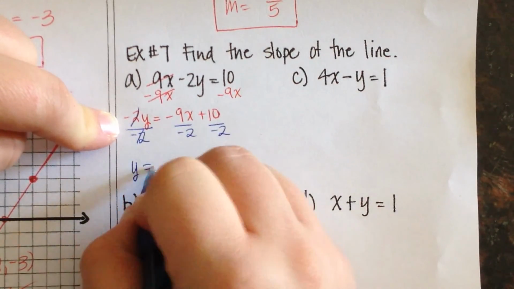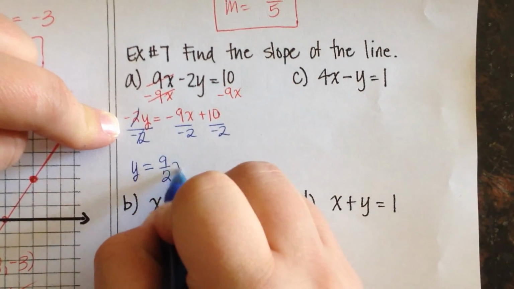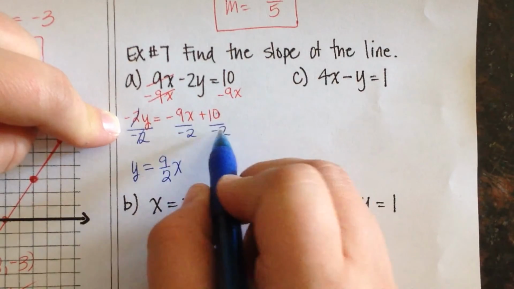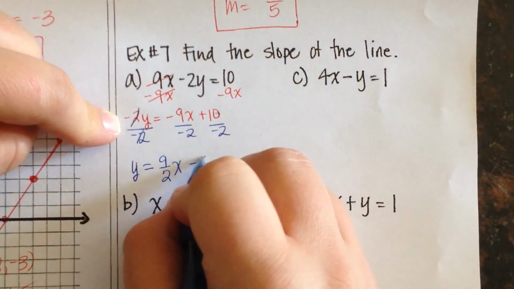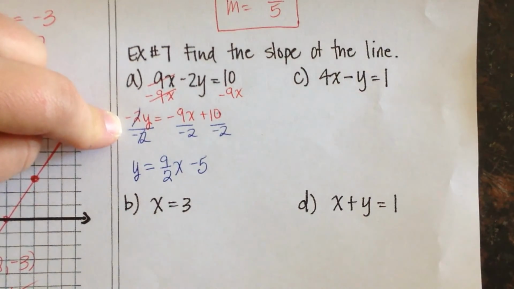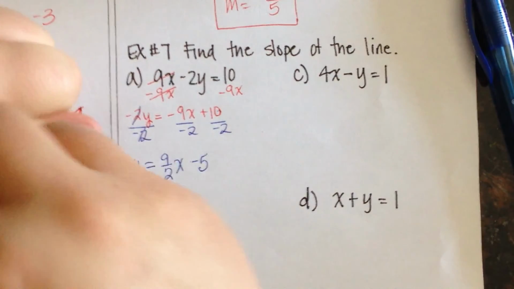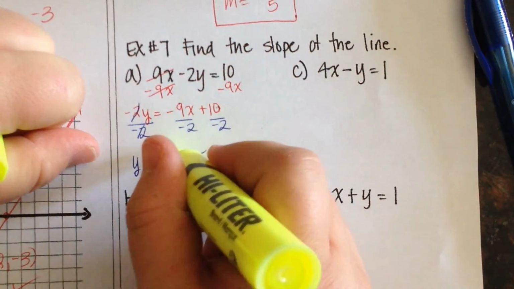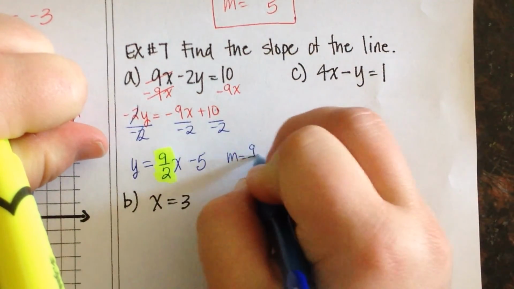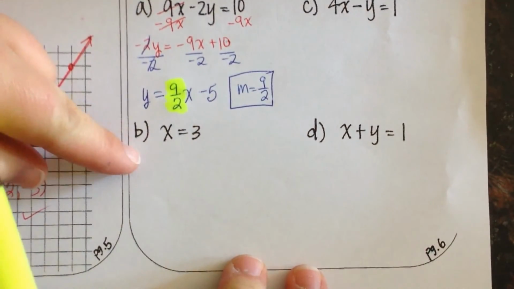And so y equals, now negative 9 over negative 2 becomes positive 9 over 2 x. That cannot be reduced. Okay, 10 divided by negative 2 gives me negative 5. Or you could put plus negative 5, that's fine. But once I get my equation into slope-intercept form, my slope is going to be a positive 9 over 2.